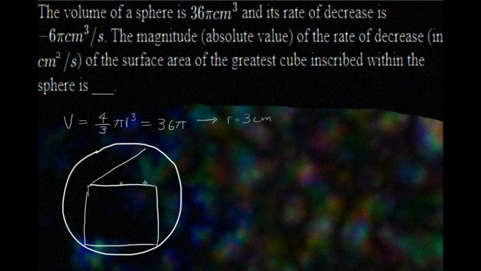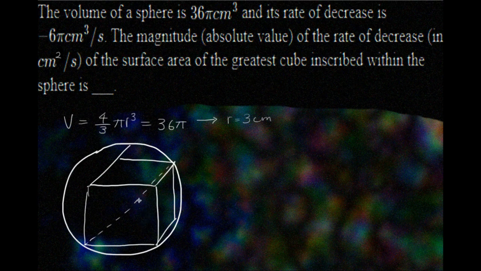Because remember, it's 3D, so it's going to look a bit different than you might expect. This is going to be the space diagonal of the cube, right? And this is also going to be a diameter of the sphere. That's how you maximize the cube size, and therefore its surface area.